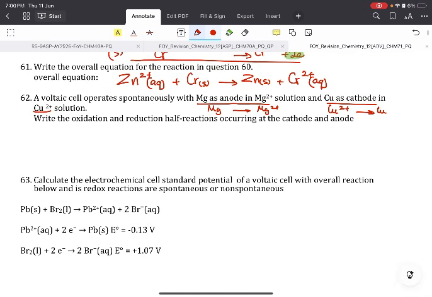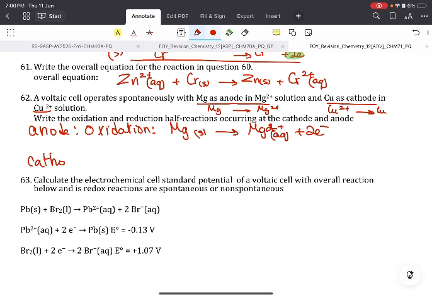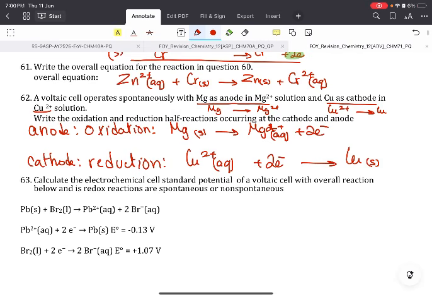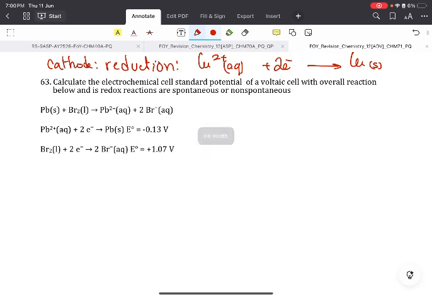Write the oxidation and reduction half reactions occurring at the anode and cathode. So at the anode, I have an oxidation, and the oxidation will be as follows: Mg giving Mg2+ and 2 electrons. And at the cathode, I have a reduction, and the reduction will go as follows: Cu2+ plus 2 electrons giving Cu solid.